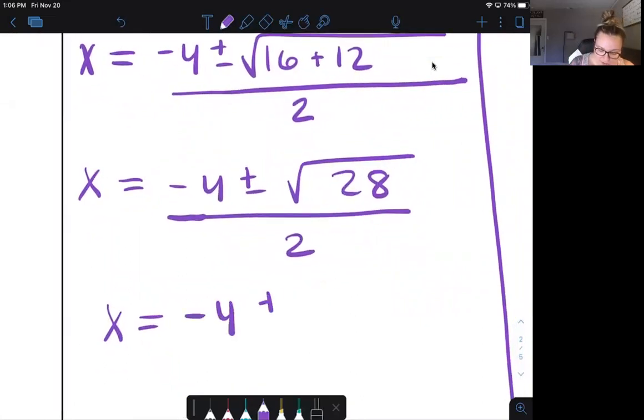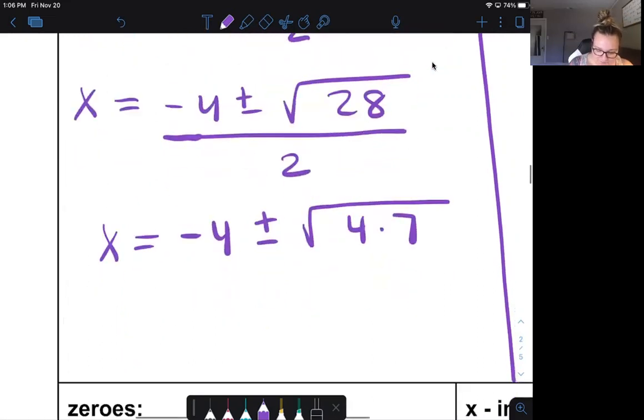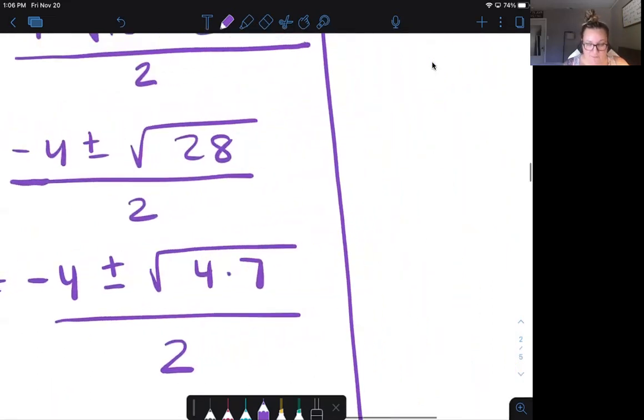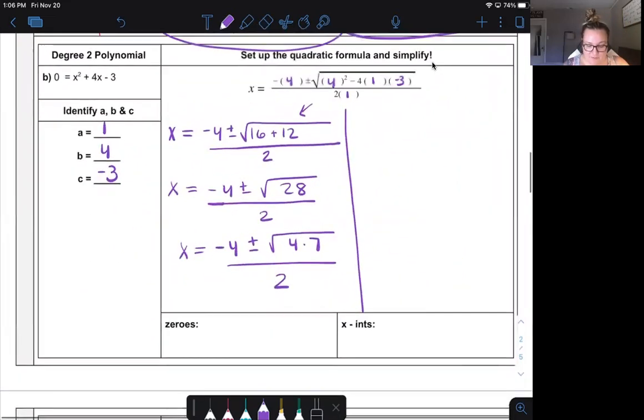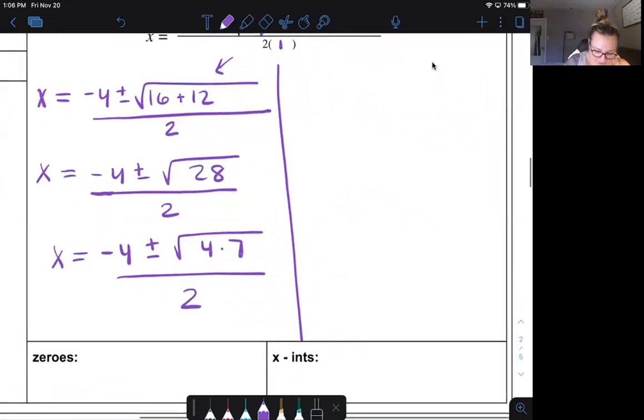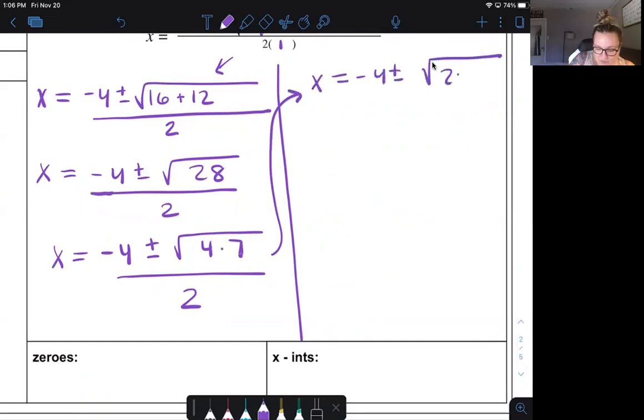You're going to have -4 plus or minus the square root of 4 times 7, all over 2. Then 4 can be broken down even further because 4 is a perfect square. So I'm going to come back up here. X is equal to -4 plus or minus the square root of 2 times 2 times 7, all over 2. As you can see, we have a group of two 2's that we can bring out in front of the radical.